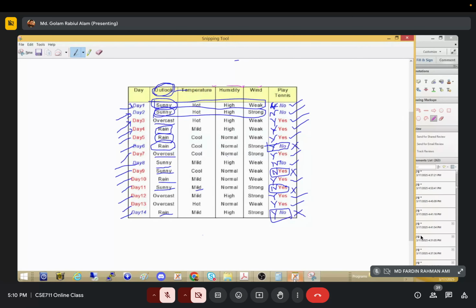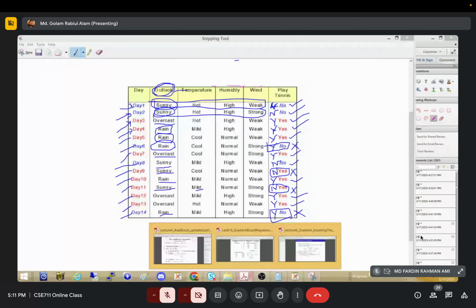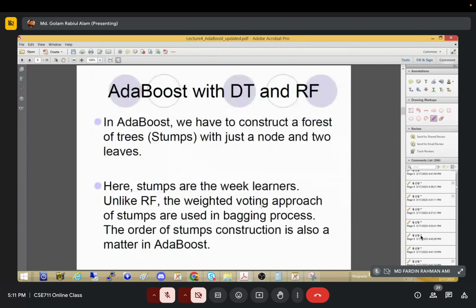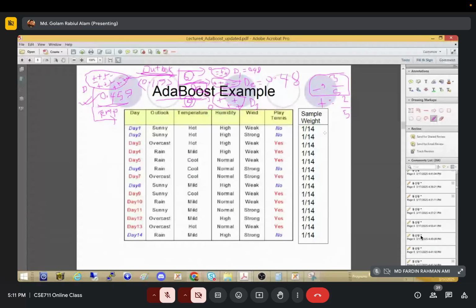So according to our algorithm, what we have to do, we have to sum up the weights of the misclassified instances only, and divide by the weights of all the instances. The summation of the weights of all instances will be 1 the first time. So the denominator will be 1, and in the numerator we will have the summation of the weights of the misclassified instances.